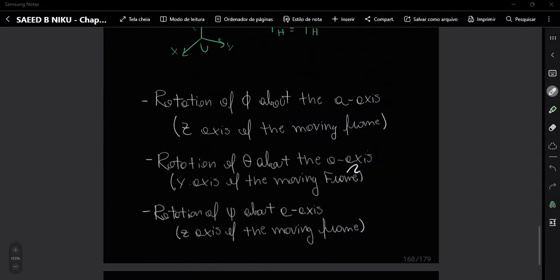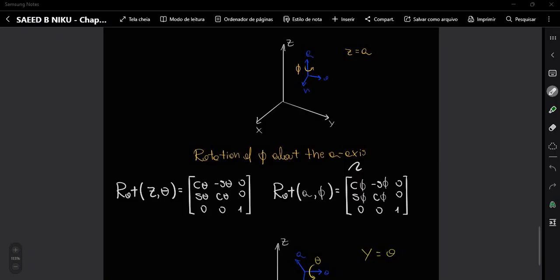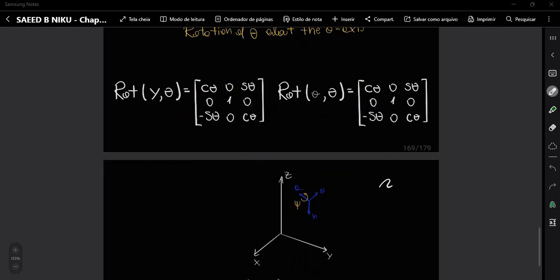So we learned about the three angles of rotation, phi, theta, and psi, and based on the direction in which the axes we are applying this rotation are pointing, we were able to construct these matrices.